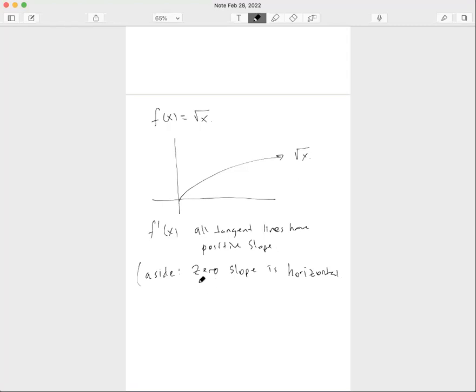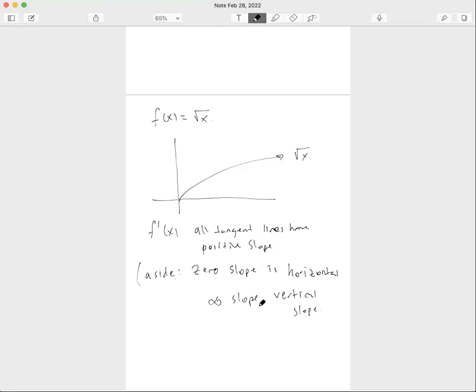What's vertical slope? Yeah, infinity slope. So if you have a tangent line that's vertical, the derivative doesn't exist there. There might be an asymptote.